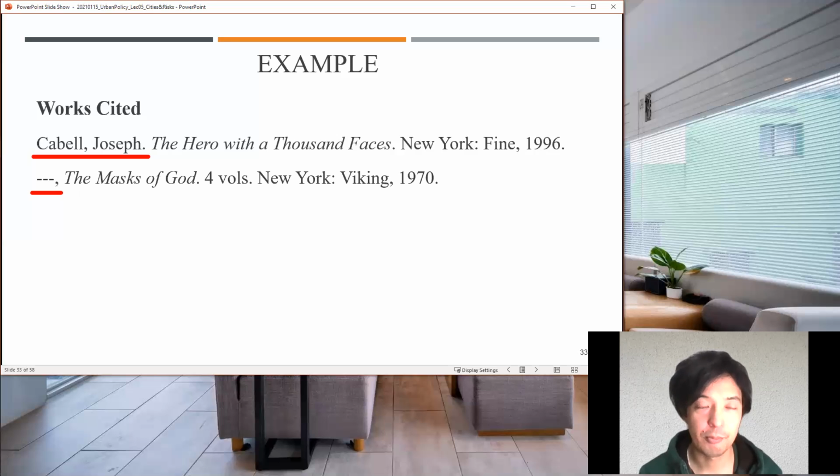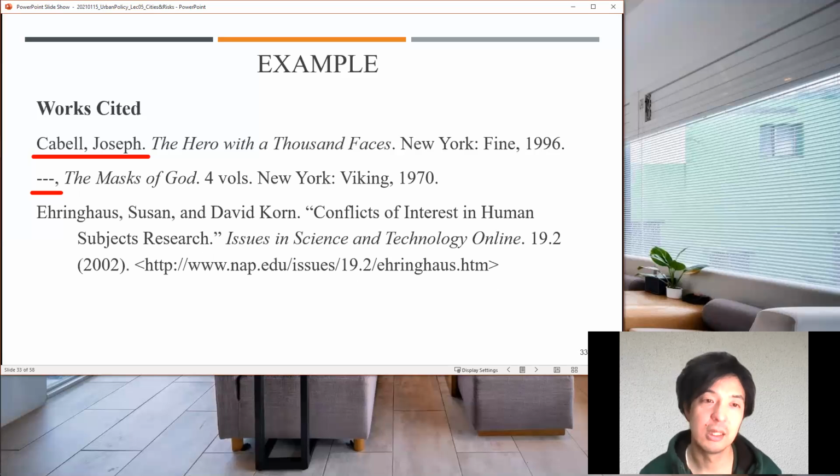All right. Let's look at the third one. If there are two or more authors, you need to show all the authors' names. And you put "and" before the final author. And this is how you show the volume number and issue number. And this is how you show the publication year.